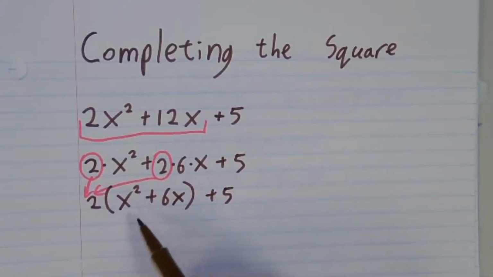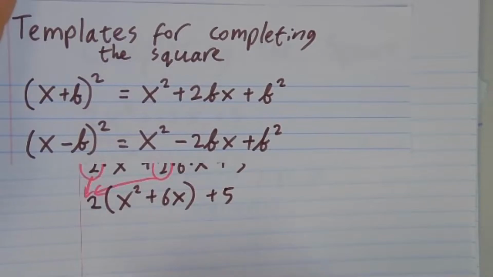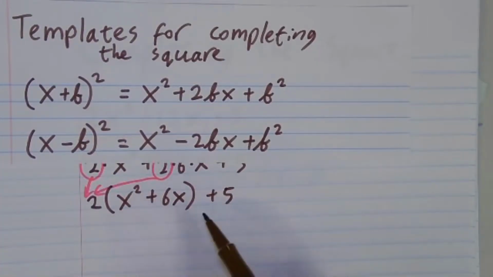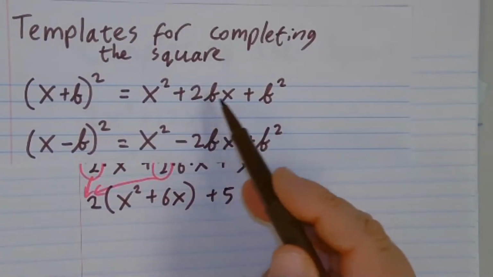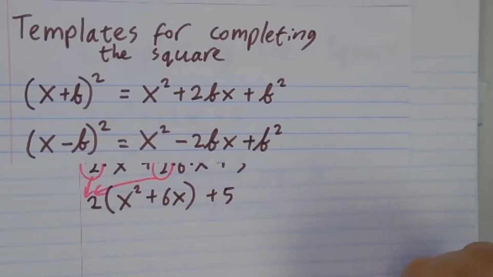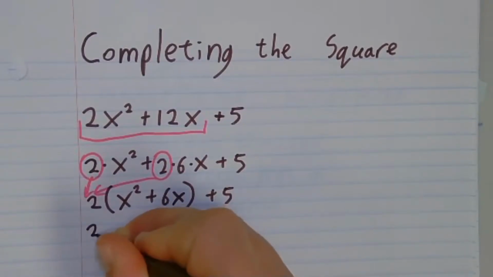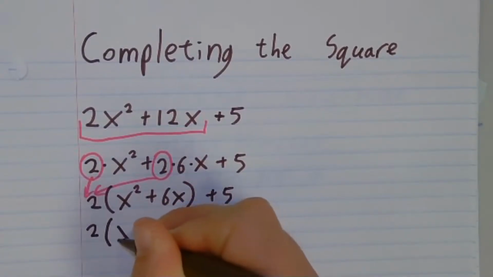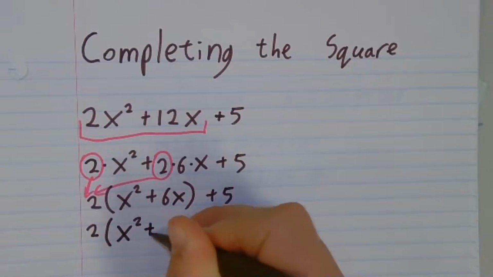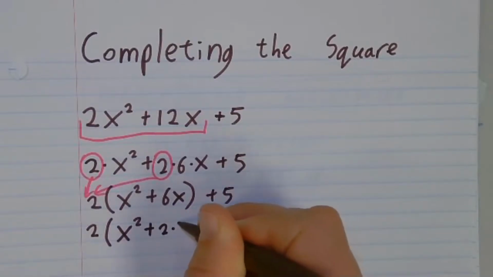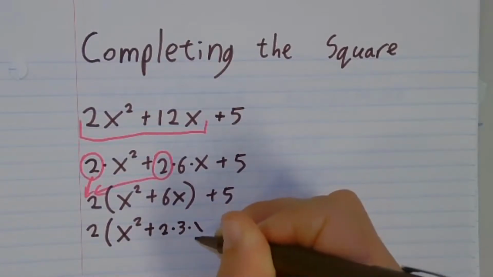So now I'm well on my way to my completing the square pattern. I need to rewrite that so that it looks like 2bx, but I can do that from here. Six is 2 times 3.